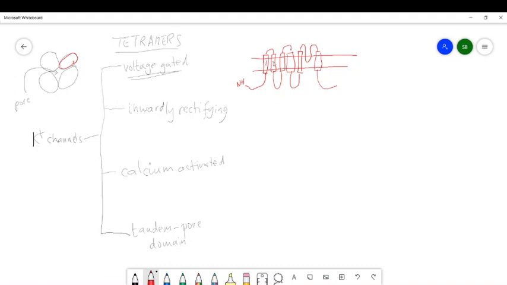So 1, 2, 3, 4, 5, and that's the 6th transmembrane domain, and this is the pore forming loop just here.